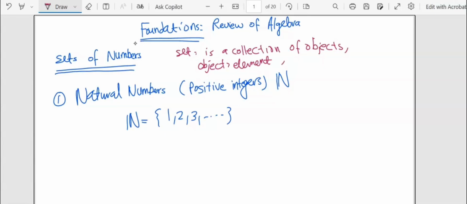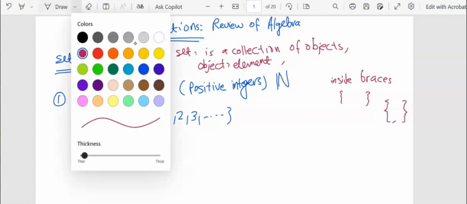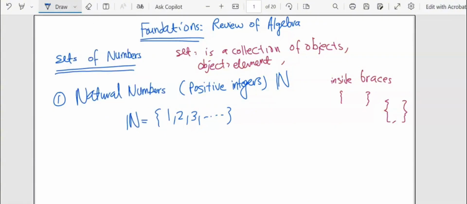We can define sets by putting the objects inside braces, the curly parentheses, which could be written like that. I'm not very good at drawing, but anyway, this is how we write the set. So in these braces, 1, 2, 3, and so on.